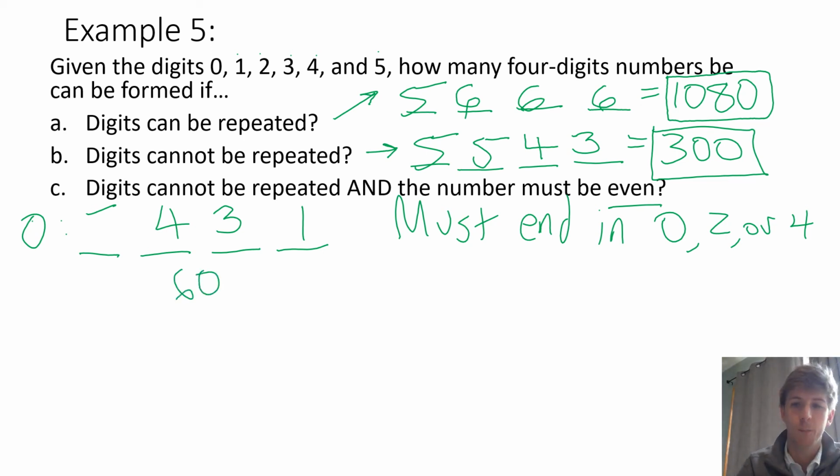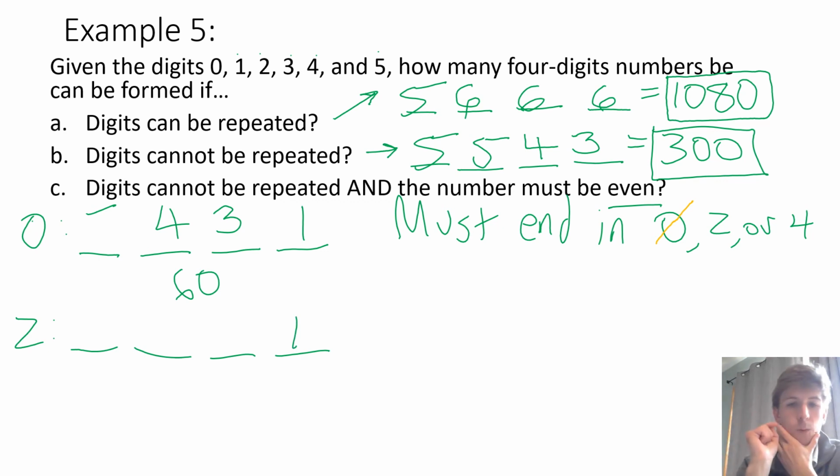Okay, so we handled the ending in 0. Let's do ending in 2 now. We'll set up our 4 slots again. Once again, the last digit must be 2, so that's locked in as 1. So now for our first digit, it cannot be 0 once again, but now it can also not be 2.